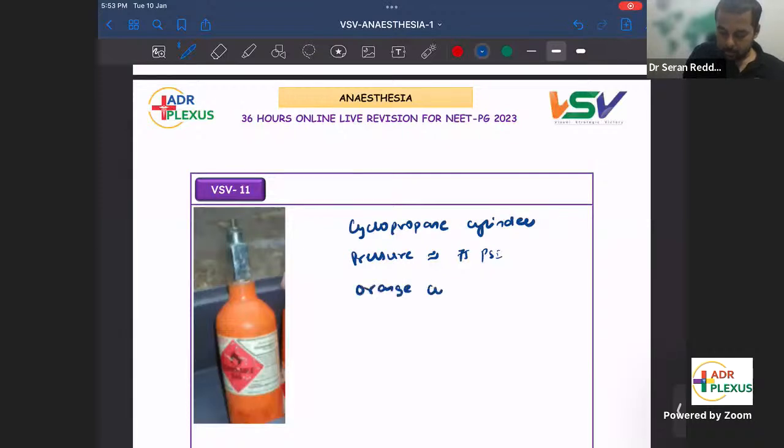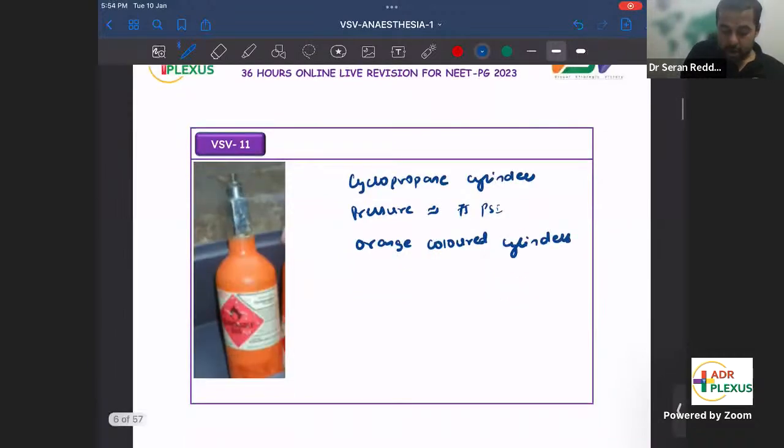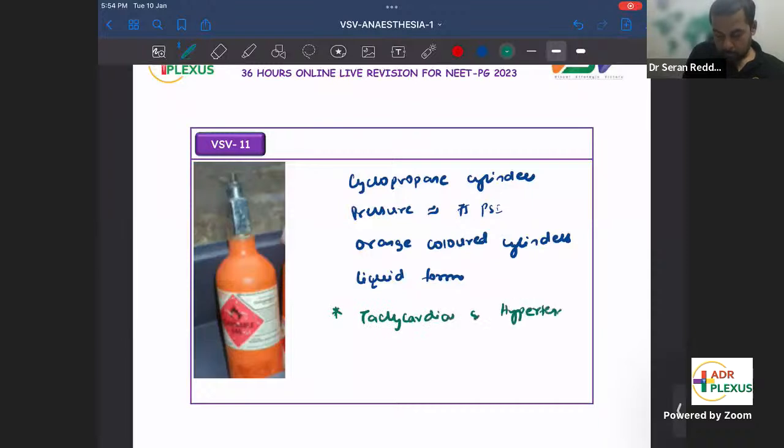This cyclopropane is stored in liquid form. And very importantly, this cyclopropane can cause tachycardia and hypertension.